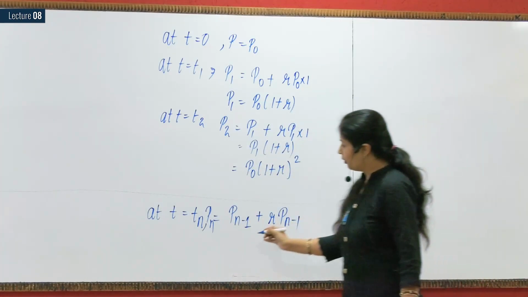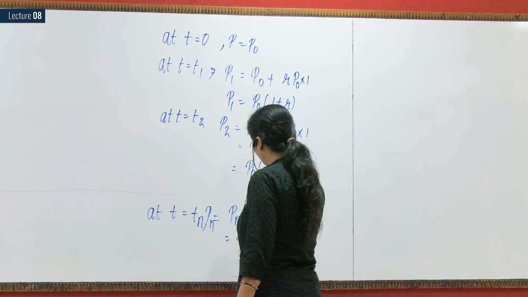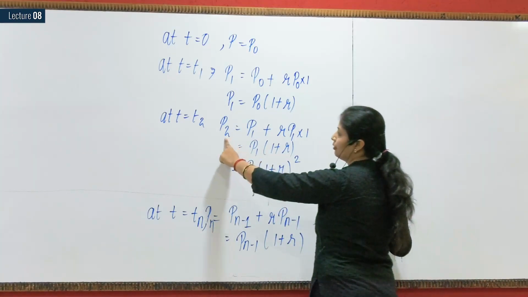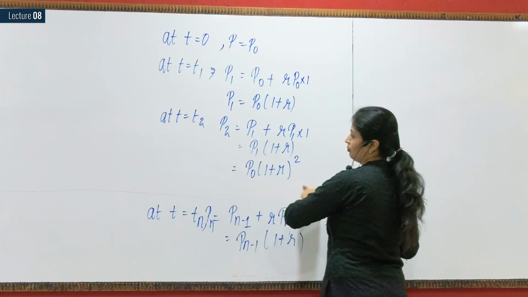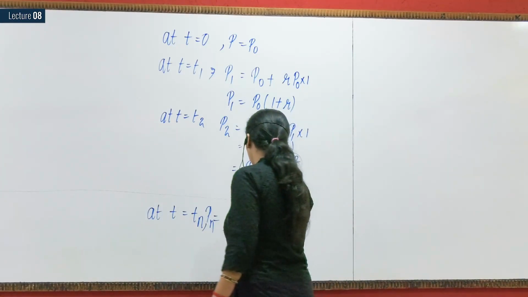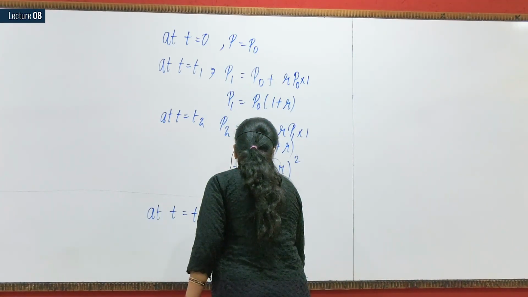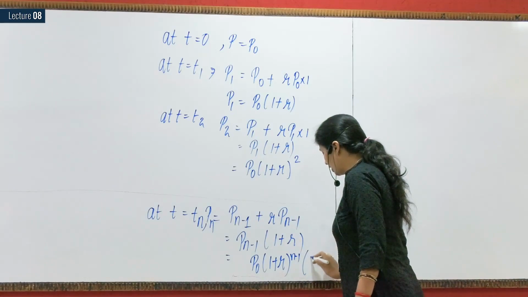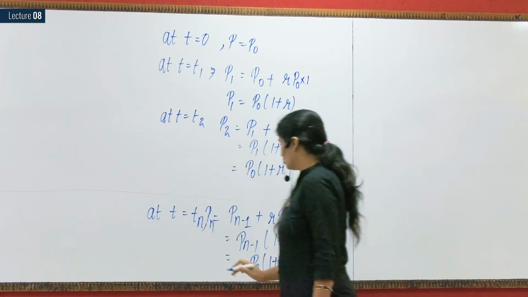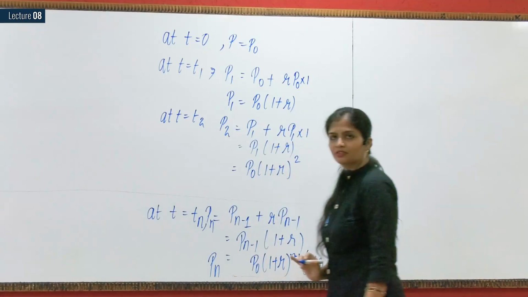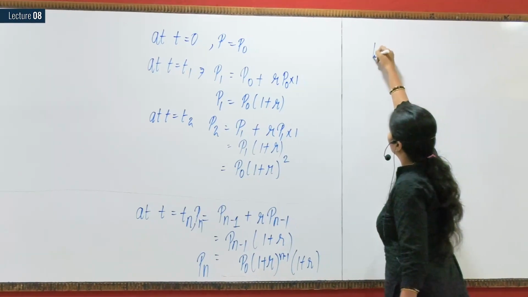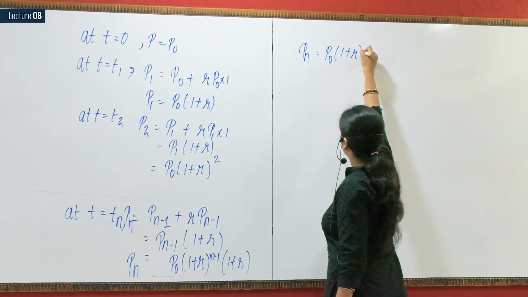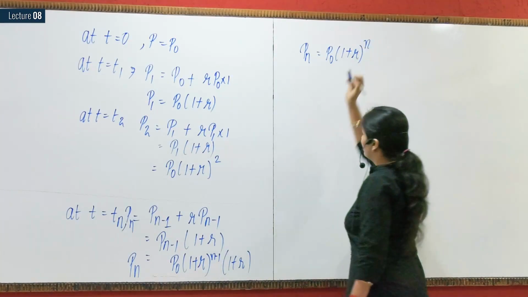Now, I want to write this Pn minus 1 in terms of R. So, how can I write it? You have seen it here. When you wanted to write P2 in terms of P0, it was P0 into 1 plus R square. Similarly, if you want to write Pn minus 1, you can write it as P0 into 1 plus R to the power n minus 1 into 1 plus R. So, if you solve this expression, you will get Pn is equal to P0 into 1 plus R to the power n.